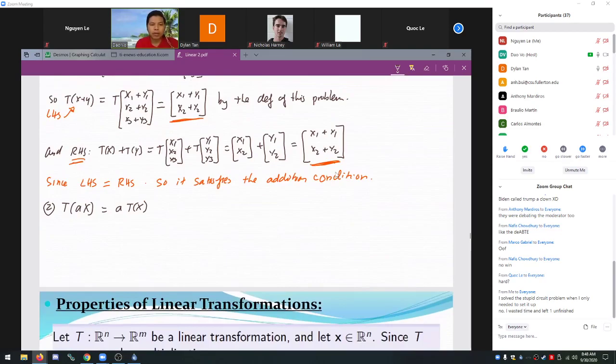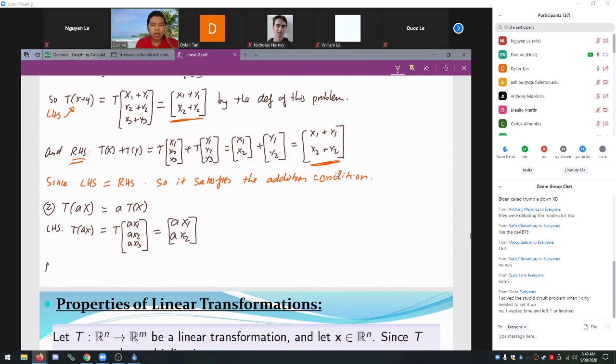So always start with the left-hand side. So left-hand side, T of ax is equivalent to T of (ax1, ax2, and then ax3), because you multiply every input by a, right? So this gives us, as a transformation, (ax1 and then ax2). And again, we drop the third component.